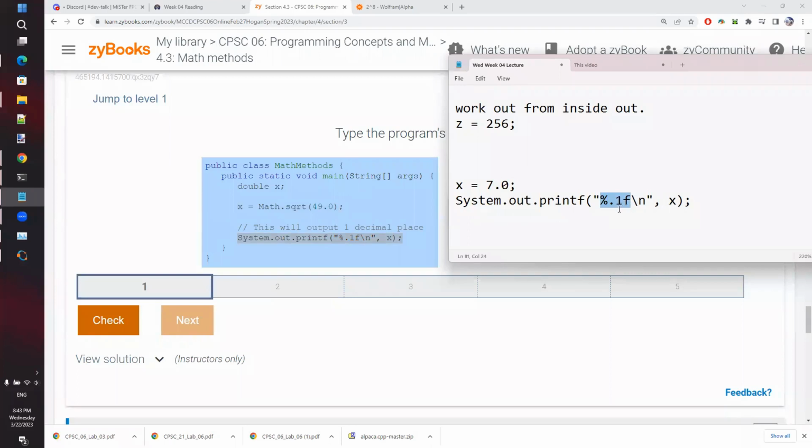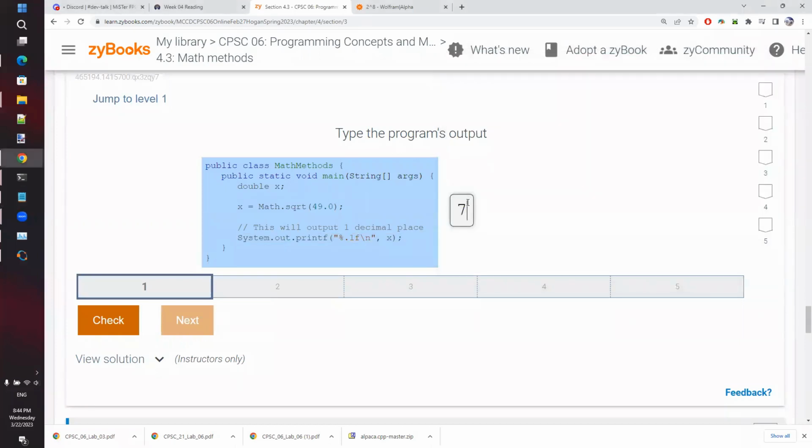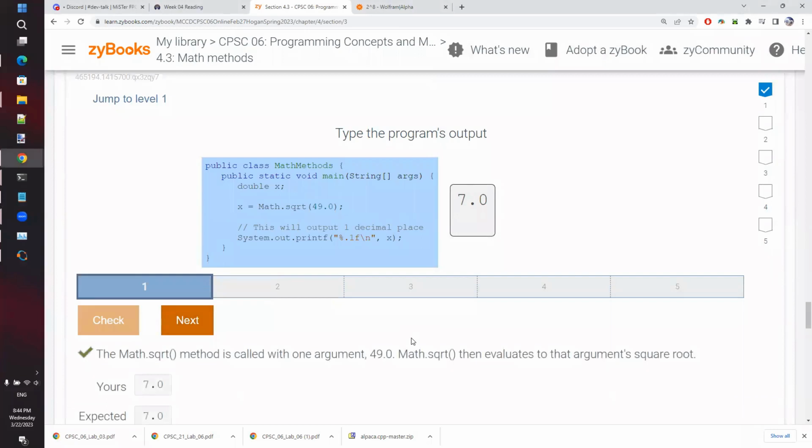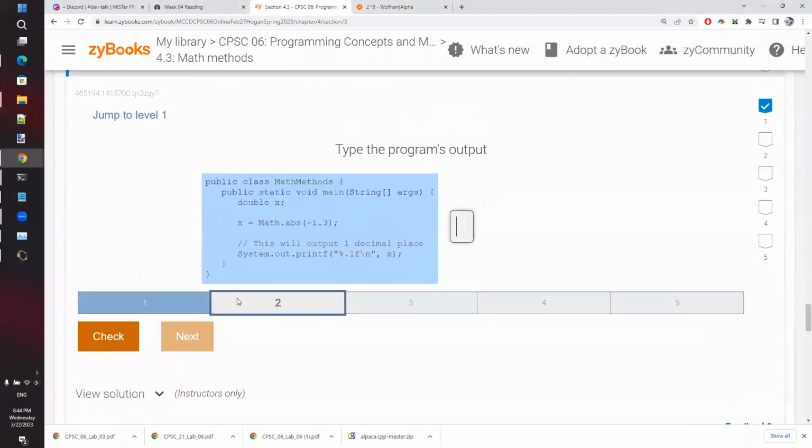The 0.1 means rounded to 1 decimal place. And then the backslash n means new line. So we're supposed to print 7.0 in place of this and round it to 1 decimal place. So if you round 7.0 to 1 decimal place, it is 7.0. And after that, the backslash n is a new line, and so you hit enter, and this is what they want. Okay, so that's correct. Next.